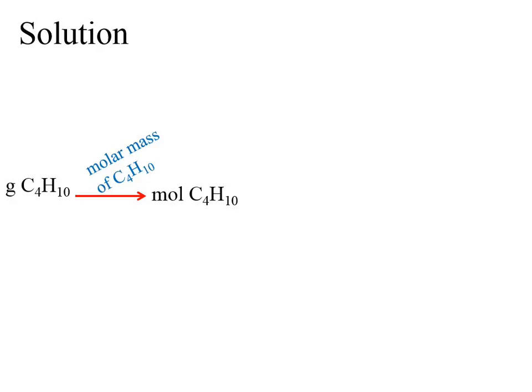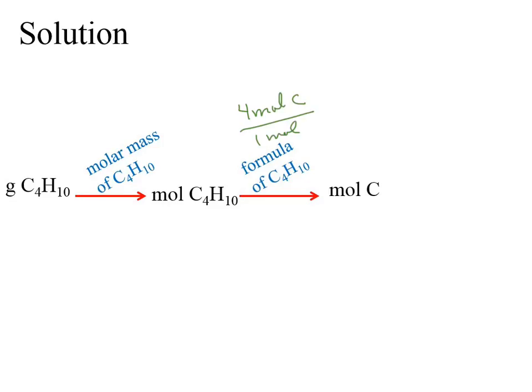and then we're going to go from moles of the compound to moles of carbon, because we're after mass of carbon. To get from moles of compound to moles of carbon, it's going to be 4 moles of carbon per 1 mole of C4H10.